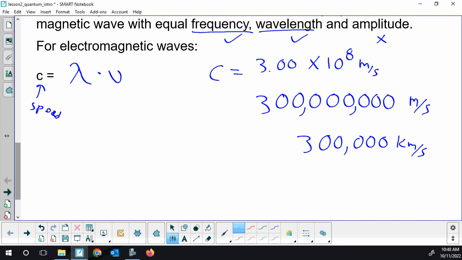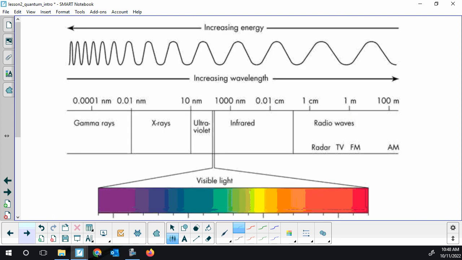Okay? So in 2 slides, you're going to be using some of these relationships to either calculate the energy, the wavelength, or the frequency. We have 3 variables that we can solve for. Let's talk about this electromagnetic spectrum for a little bit.